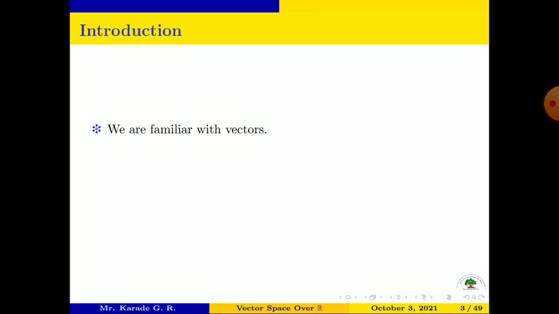This vector xi plus yj plus zk is a vector in three-dimensional space. These are two particular examples of vector spaces. The two-dimensional vector space we call R2, and the three-dimensional vector space we call R3.